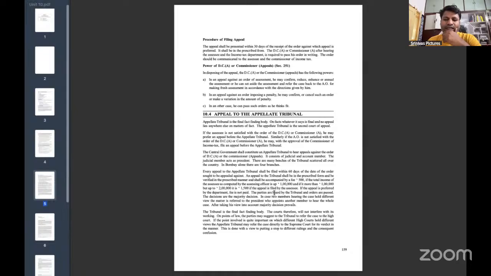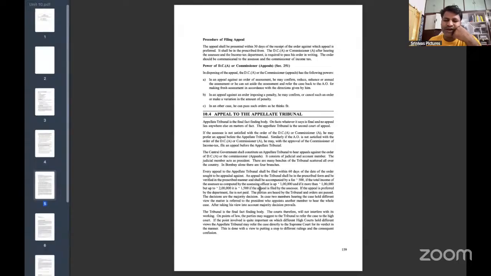Every appeal to the Tribunal shall be filed within 60 days of the date of the order appealed against. An appeal to the Tribunal shall be in the prescribed form, be verified in the prescribed manner, and be accompanied by a fee of 500 rupees if the total income assessed is up to 1 lakh rupees.